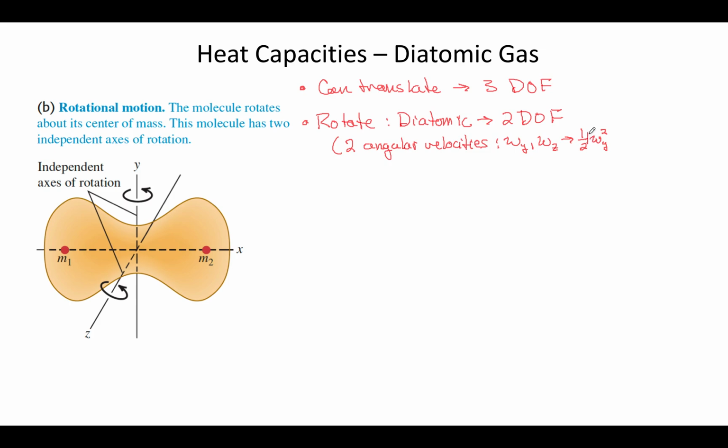I need a little moment of inertia in there. You need to know what the moment of inertia of your diatomic molecule is, right? So quadratic kinetic energies is what the equipartition theorem says. So if you have a diatomic molecule, they can rotate in 2 coordinate directions, or have 2 angular velocities, have 2 particular degrees of freedom. So that's now 5 degrees of freedom that a diatomic gas can have.